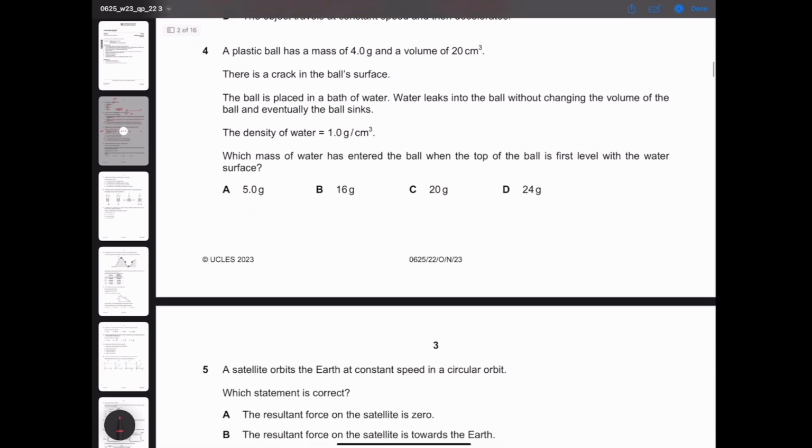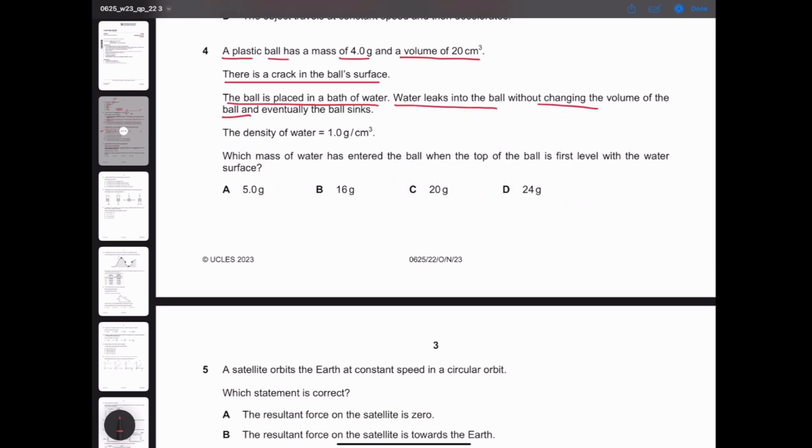Alright, now question number 4. This is one of the good questions, good in terms of concept, but is it difficult? I don't think so. A plastic ball has a given mass and volume. There is a crack in the ball's surface. The ball is placed in a bath of water. Water leaks into the ball without changing the volume of the ball.